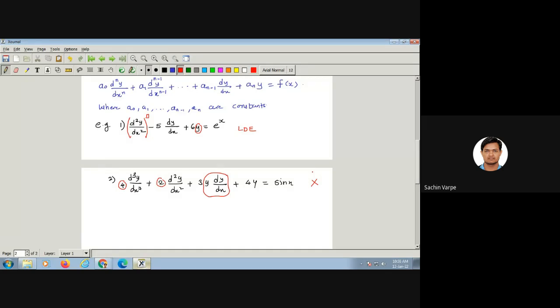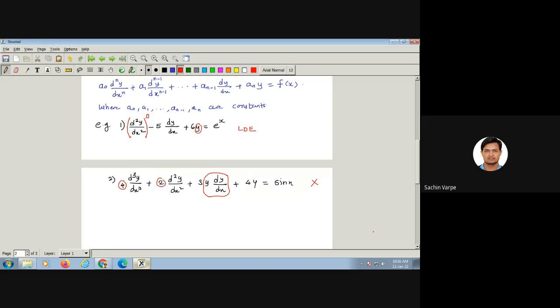Then the second condition is there should not be a product of a derivative with another derivative, and there should not be a product of a derivative with the dependent variable. Clear? If the equation satisfies these three conditions, then that will be a linear differential equation.